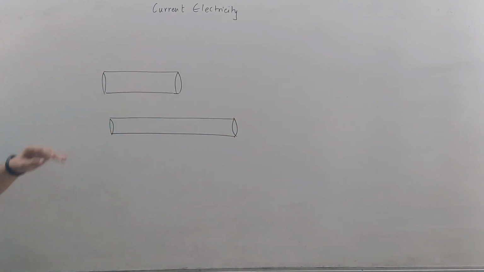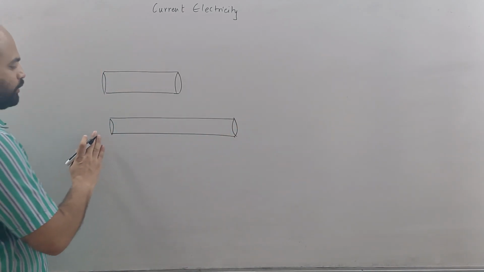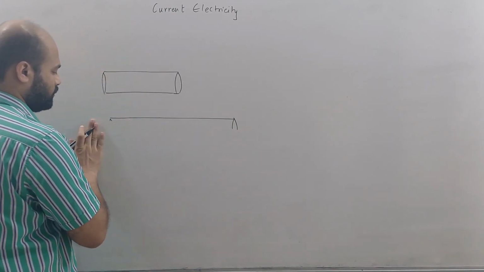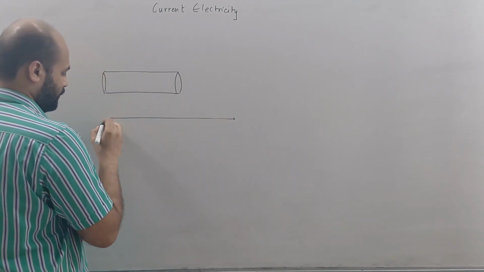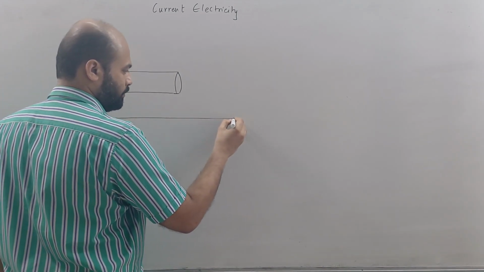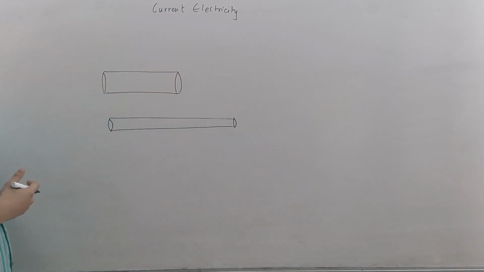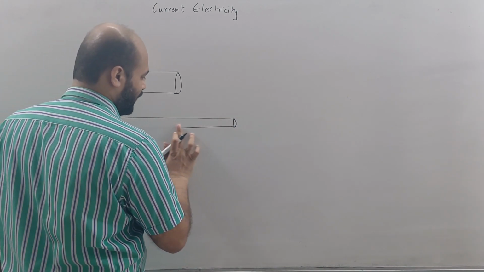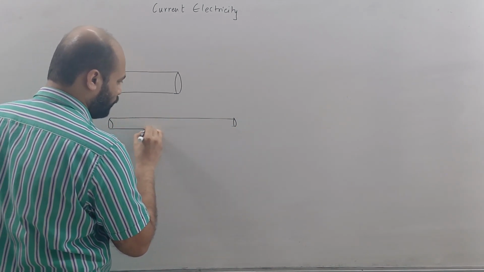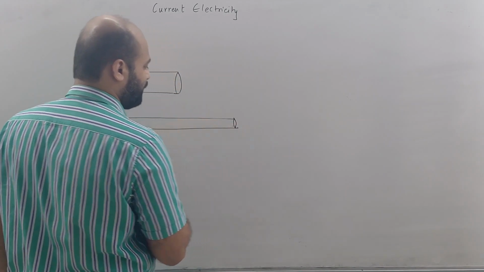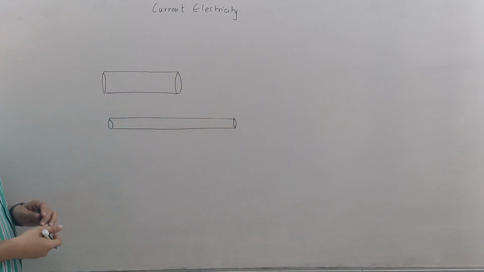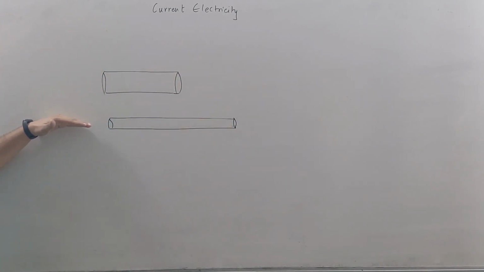So what has exactly happened with this is that, I think I need to show it a little smaller. What has actually happened? It's a uniform cross section. My diagram might not be so proper, but I believe that you can clearly spot the difference that this cross-sectional area and this cross-sectional area is different.